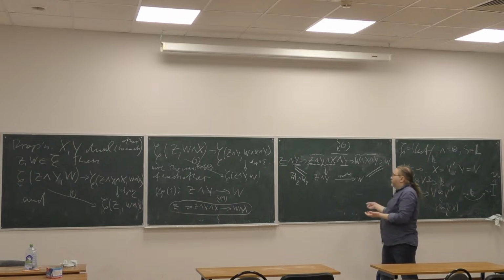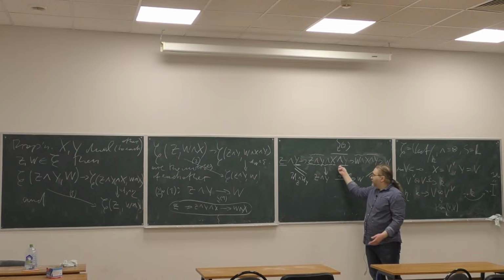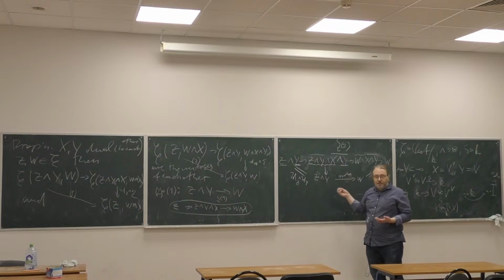But we may as well collapse the X wedge W first, and then apply the given map.